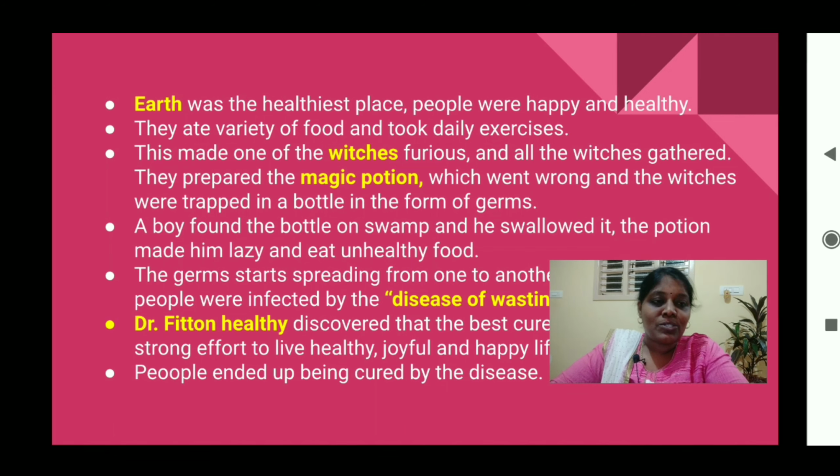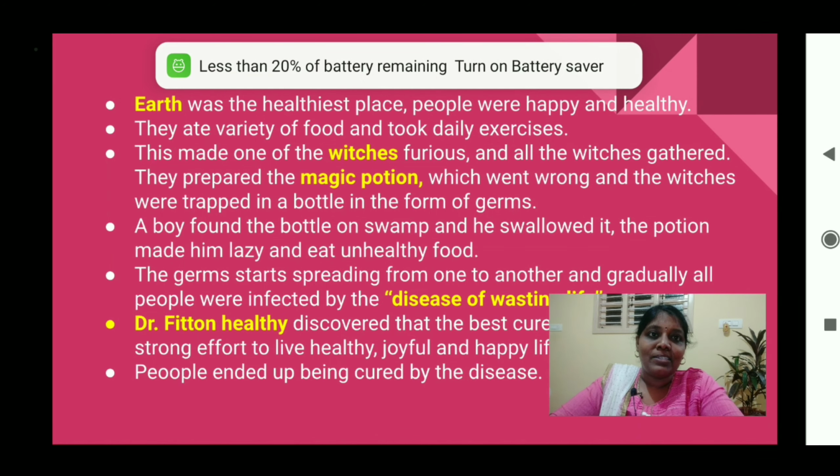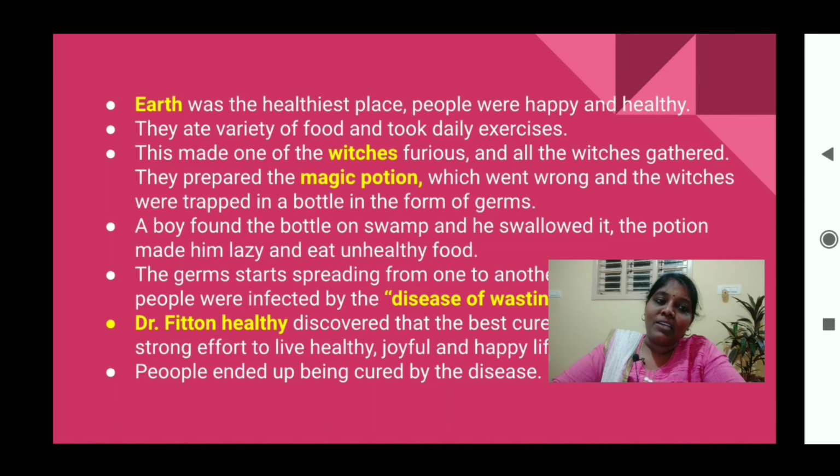instructed all the witches to gather in the forest and prepare a magic potion, which went wrong when one of the witches uttered the wrong words, and because of that all the witches turned into germs and they were trapped in the bottle. And the bottle was lying in the swamp.